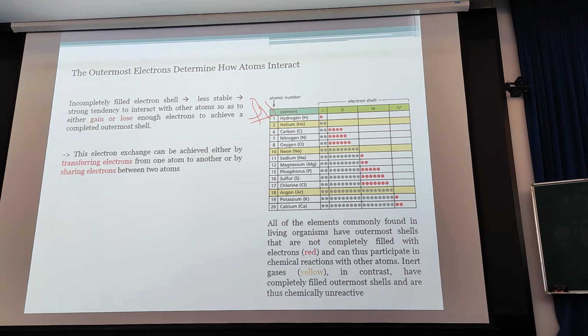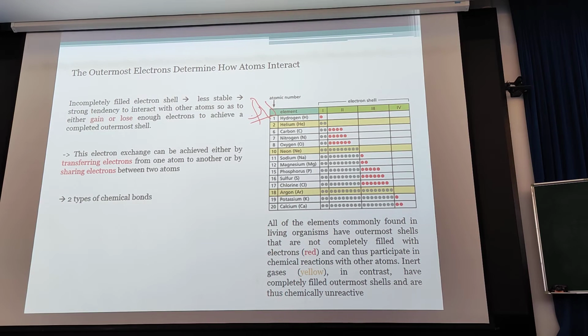So they gain enough electrons to have a complete outermost shell, leading to two types of chemical bonds.